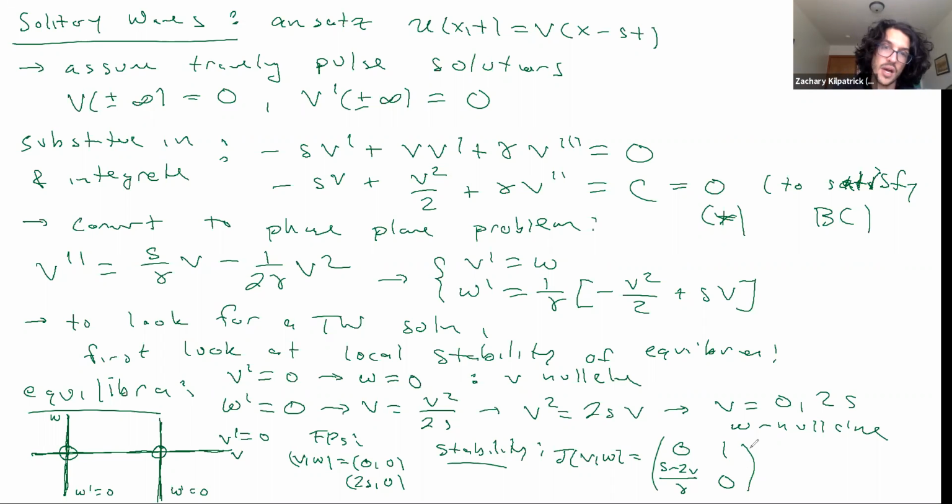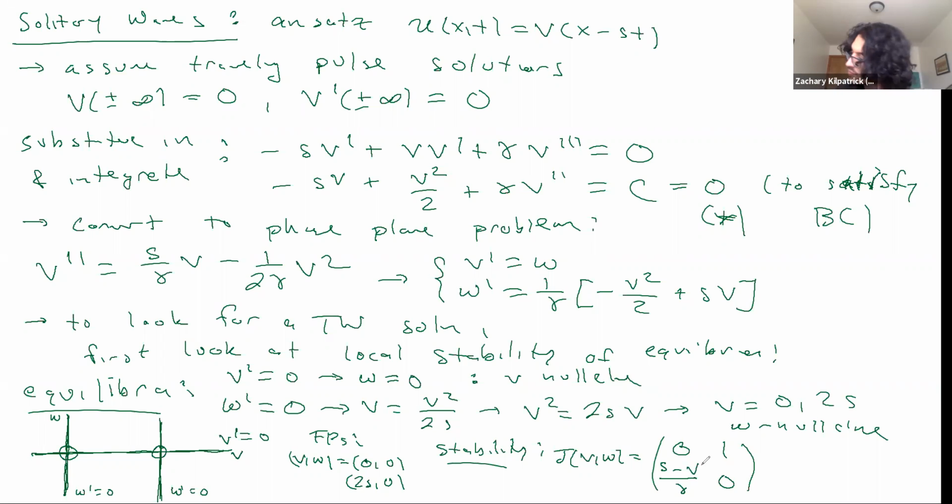Then the eigenvalues of my Jacobian are going to give me my stability in this case. Okay, so sorry, this should not have a 2 in front of it. S minus V over gamma.